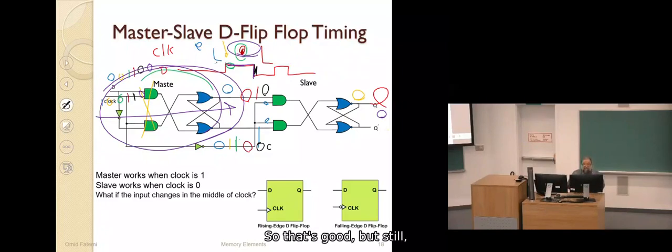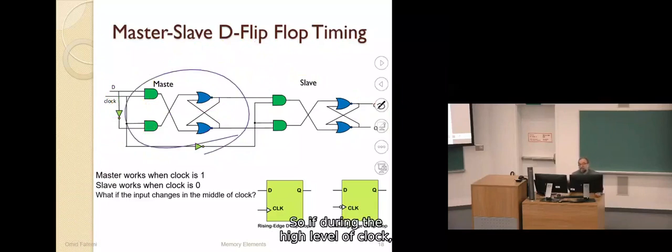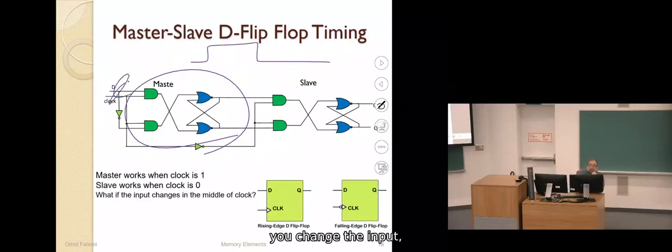But still, this part is a D flip-flop, so it is still transparent. If during the high level of the clock you change the input, it goes inside. It comes here.